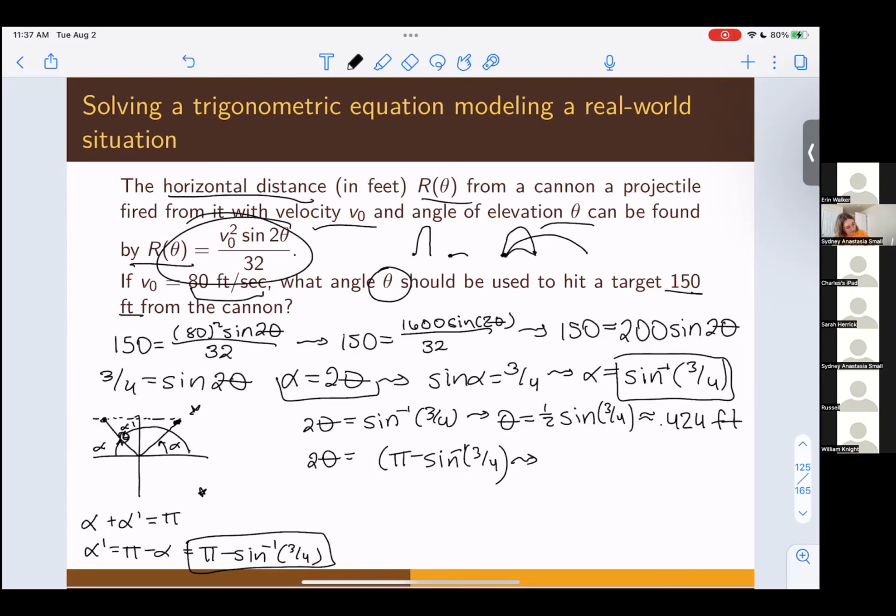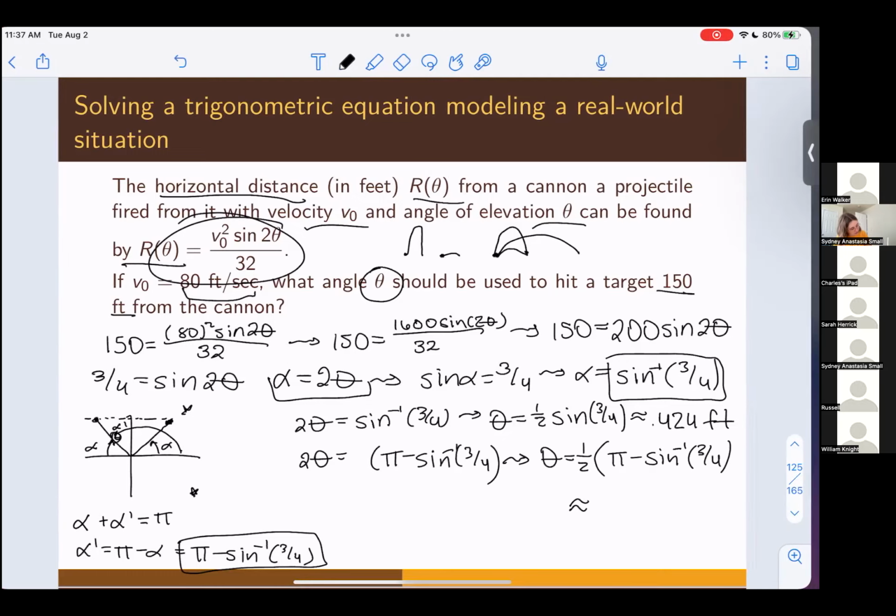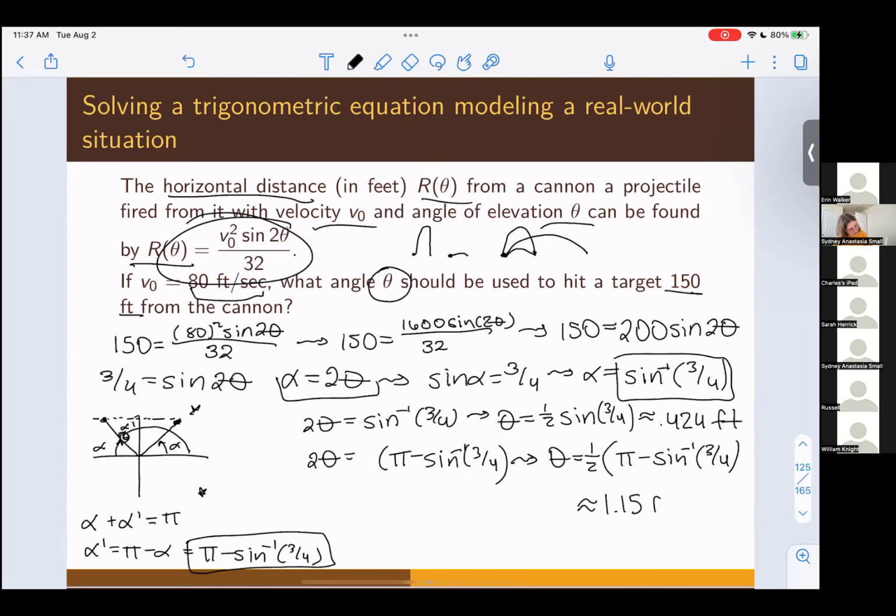Now dividing both sides by 2, theta is equal to 1/2 times pi minus the inverse sine of 3/4, which plugging that into my calculator in radian mode is about 1.15 feet. So those are your two solutions. Questions on how we did this one?